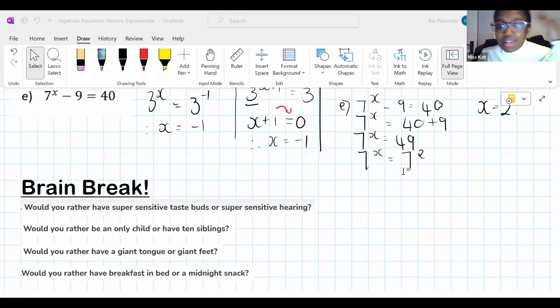Anya, let's hear what Anya has to say. Midnight snack, breakfast in bed. Okay, I'd rather have a midnight snack because waking up is an issue. Yes, not only that, but in case my sugar goes low in the morning. Oh my goodness. Guys, you guys are making good decisions.